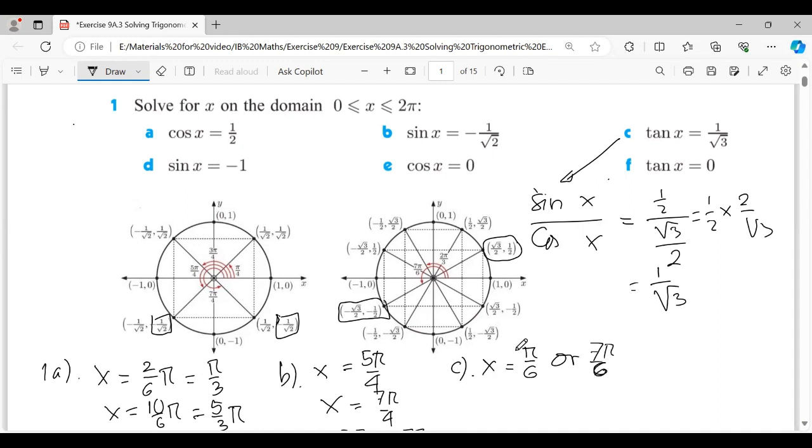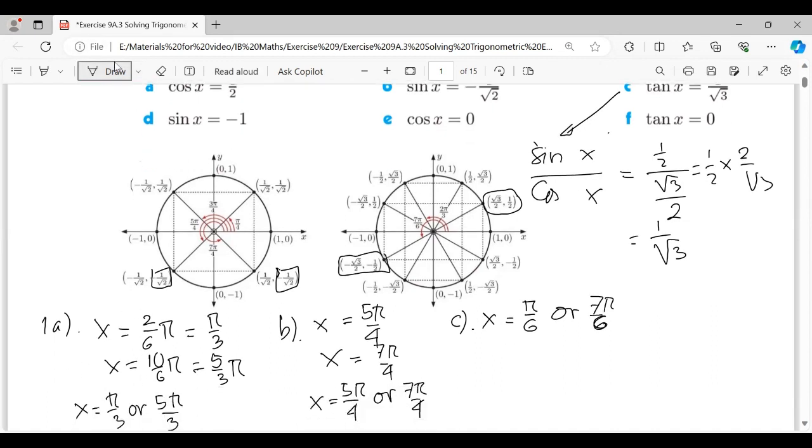Okay, D. Sine x equals -1. We have to look at the second number, -1, this one.